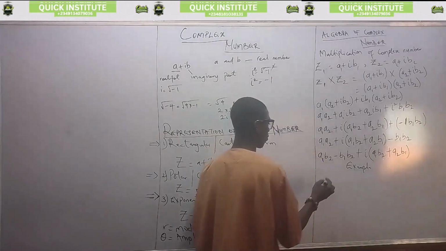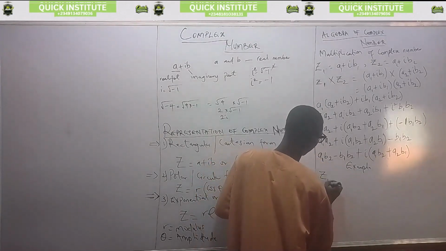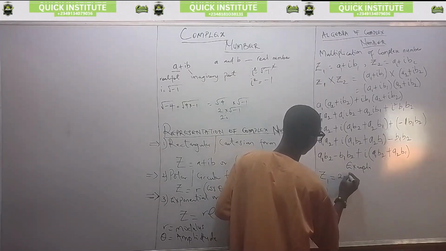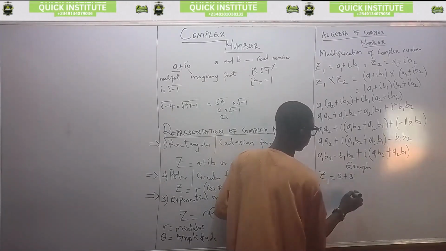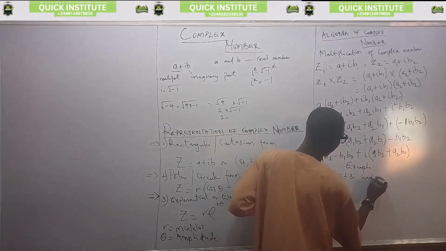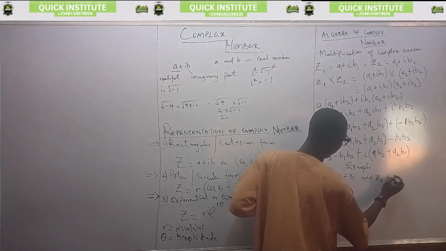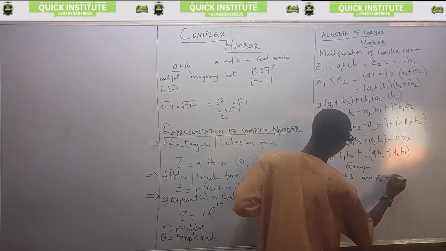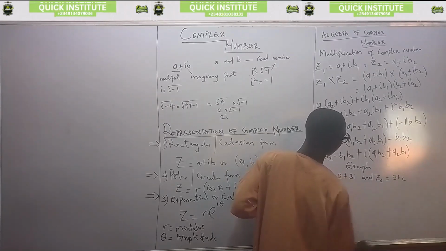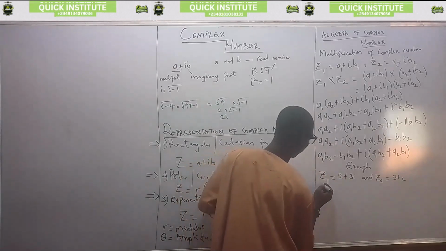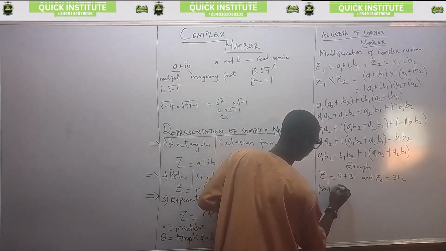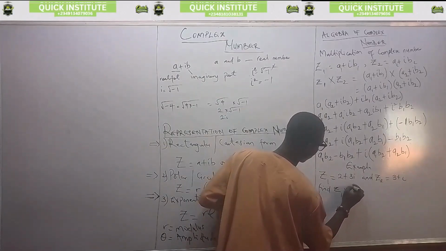Example: z1 equals 2 plus 3i, and z2 equals 3 plus i, and you are told to find z1 multiplied by z2.